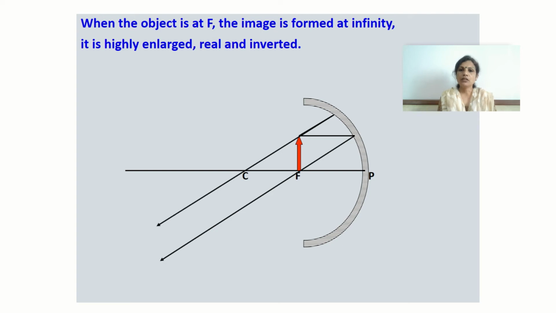But if you observed, now both the rays are parallel to each other. They are not meeting at any place. So where is the position of the image then? The position of the image is at infinite distance. Alright, and the image is highly enlarged, it is real and it is inverted.